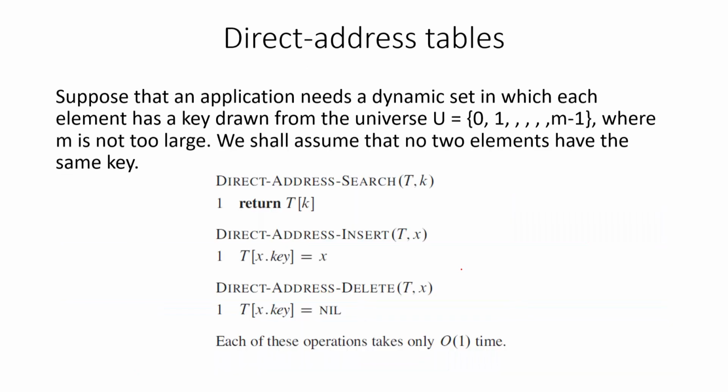And here is an example. One way of creating a hash table is direct address tables. So what is a direct address table? It means that when you want to find some element, you have already predefined the index of that element, and the index or key k of that element is within some range, like between 0 and m minus 1.